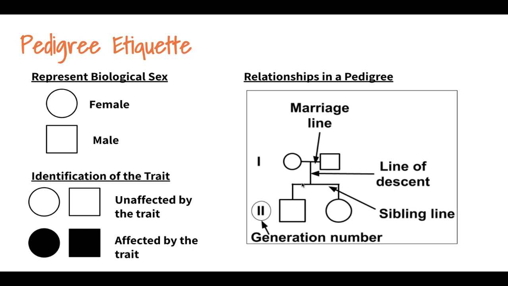From that, we see a line of descent that represents their offspring. This represents that these two individuals are siblings. Off to the left, we always categorize the generations by a Roman numeral. This is generation 1, and down here we would call this generation 2.